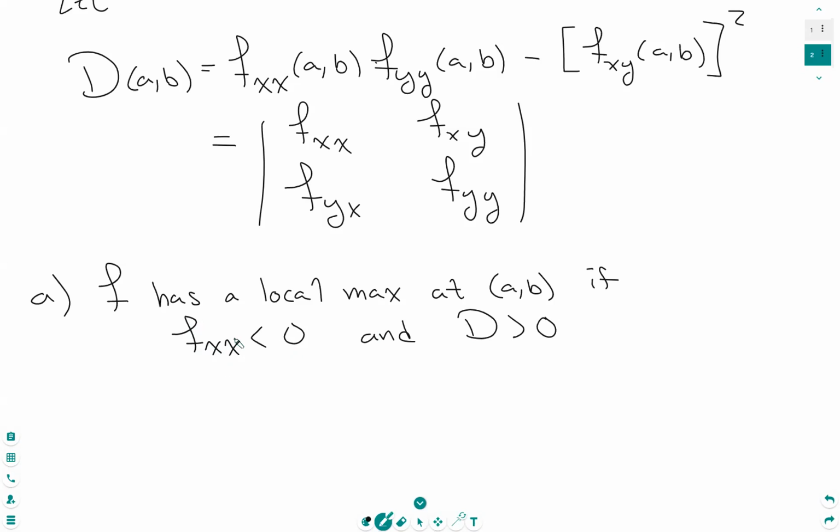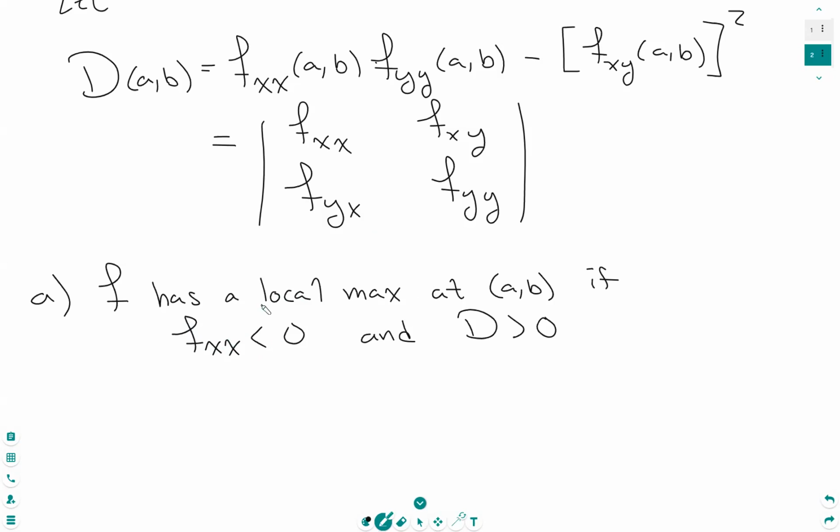So fxx and fyy are your Calc 1 definitions of concavity in the x direction and the y direction, right? So long as this is a local max, it definitely makes sense that the concavity in the x direction or the y direction, or in fact any direction, is negative. So that's why you can test either fxx or fyy, right?